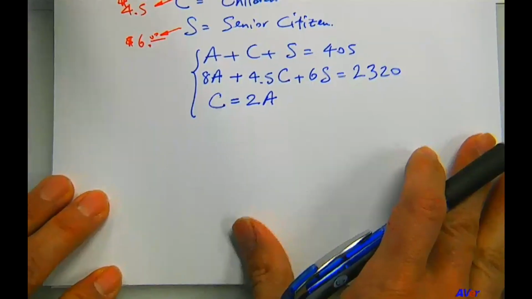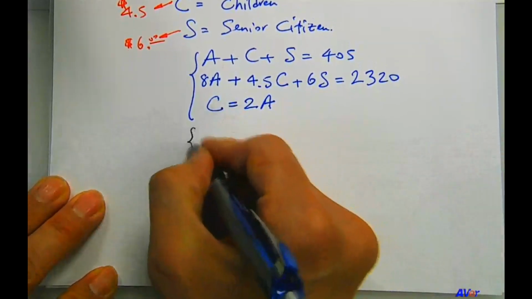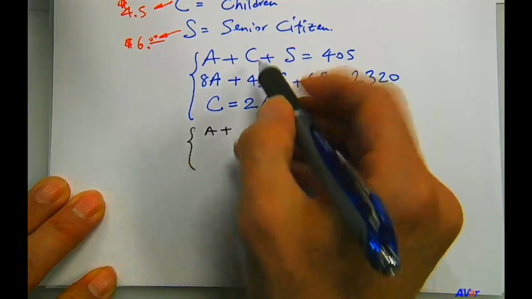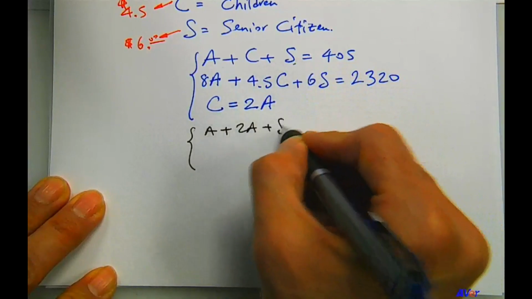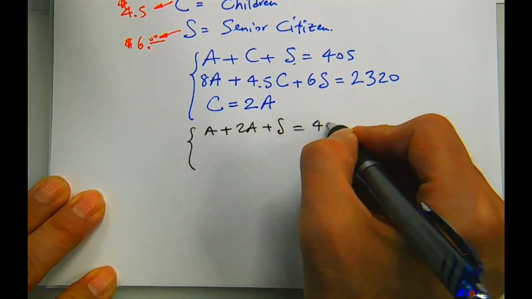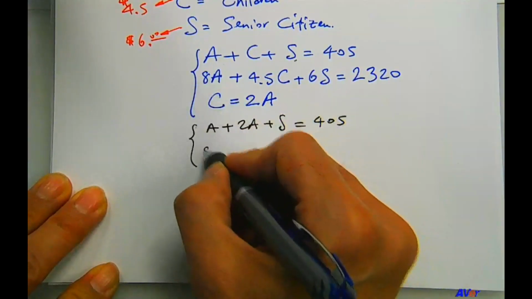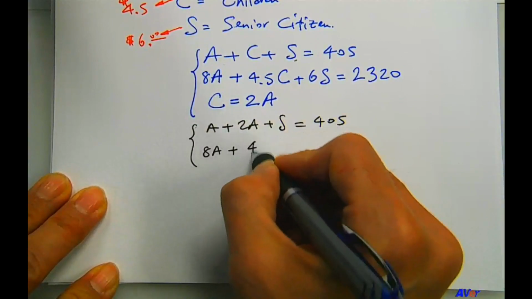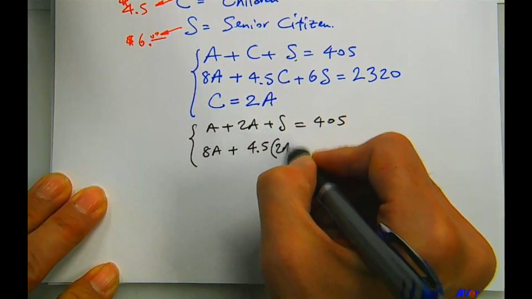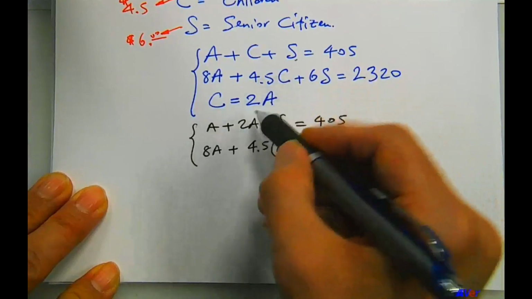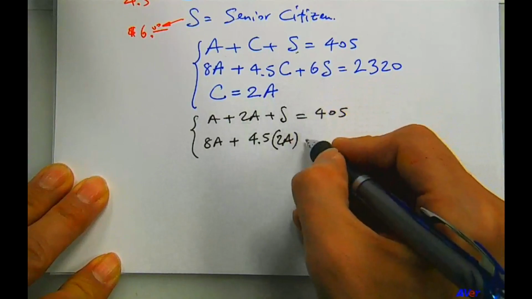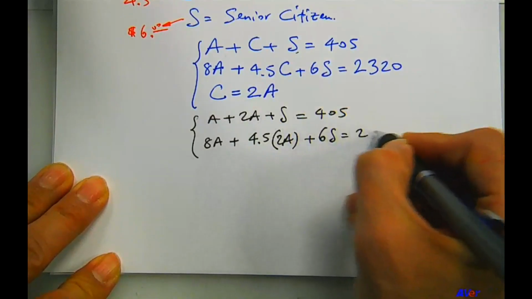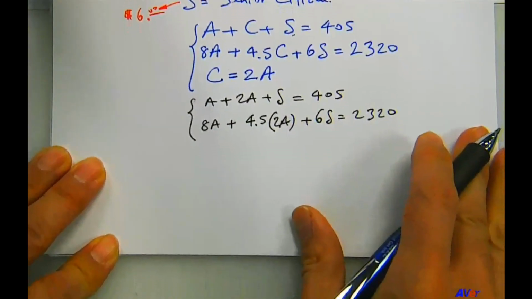We will have, instead of C, 2A. Instead of S, we just have S there, 405. And then that one, 8A plus 4.5 times 2A, because instead of C, we're plugging in 2A, plus 6S equals 2,320.